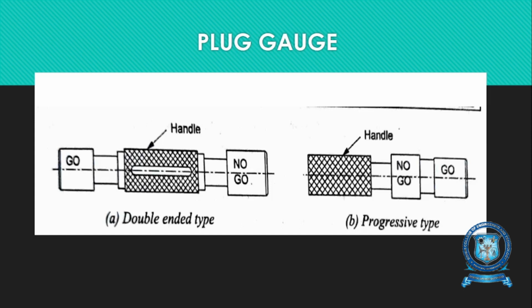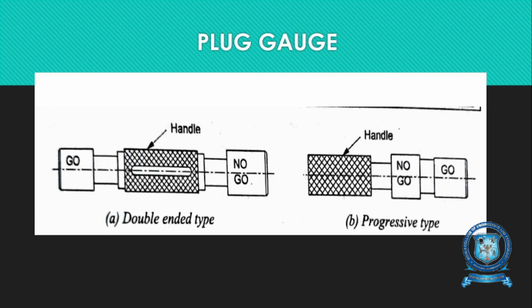First is the plug gauge, then ring gauge, snap gauge, taper gauge, thread gauge, form gauge, thickness gauge or feeler gauge, indicating gauge, and air operated gauge. These are the headings for the current academic year. And now we are going to look at the plug gauge in the third unit.